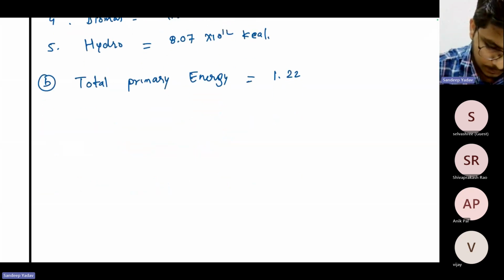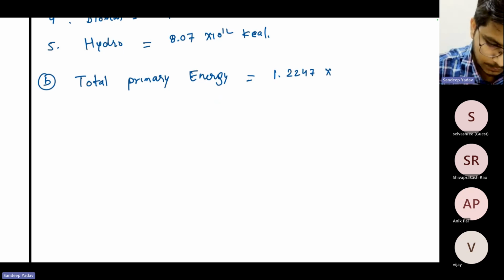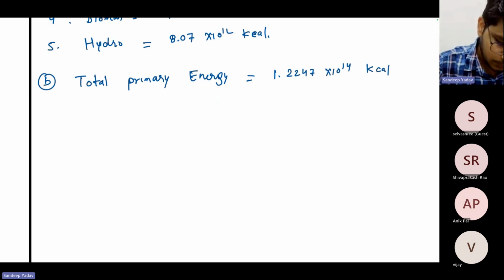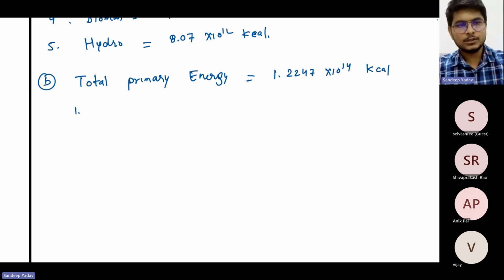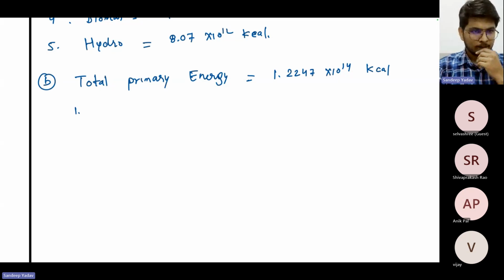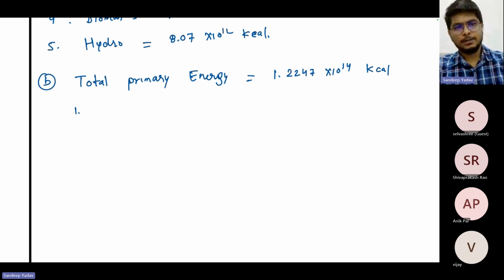So it's just a summation of these. It will be total 1.2147. So it is asking how much percentage is generated by the coal, how much by the oil and petroleum. We can simply calculate that from the previous calculation.